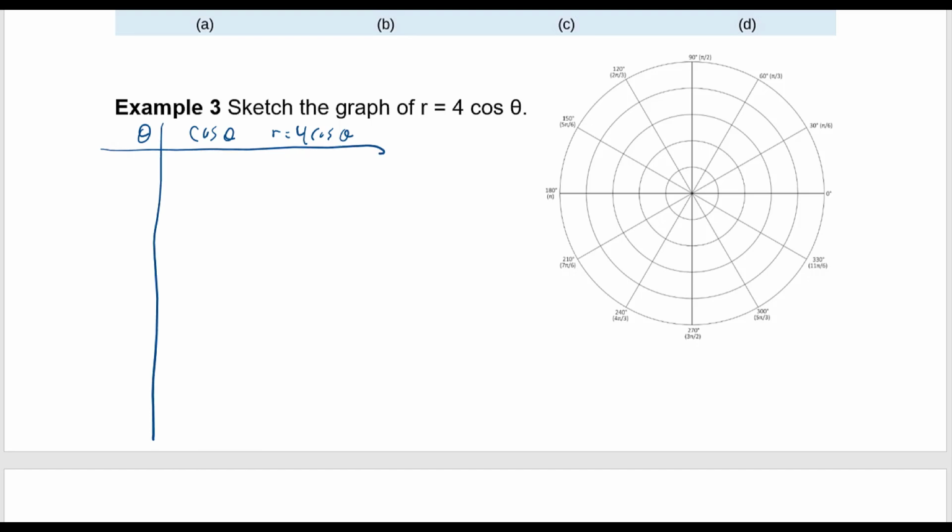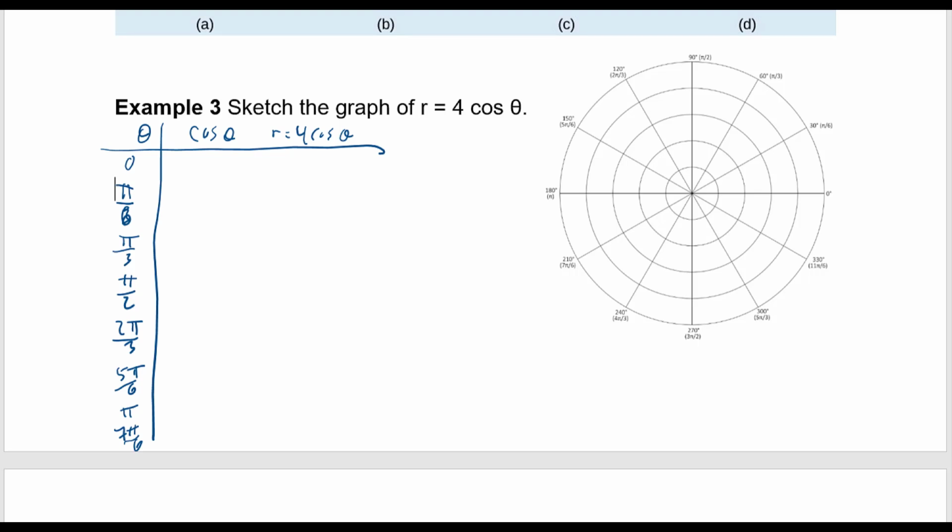I'm going to go with 0, pi over 6, pi over 3, pi over 2, 2 pi over 3, 5 pi over 6, pi, and then I usually go one further just to make sure it's going to overlap, 7 pi over 6, which this will.